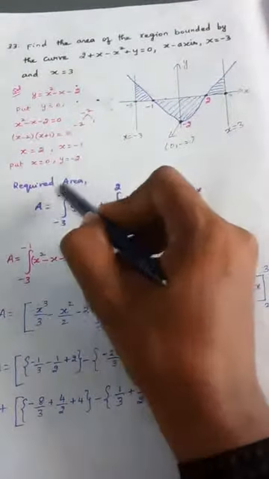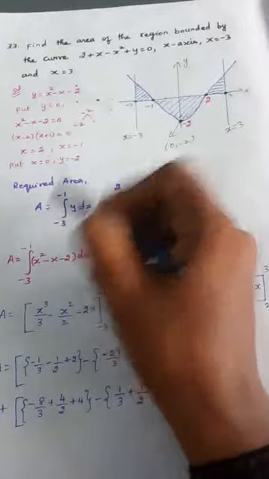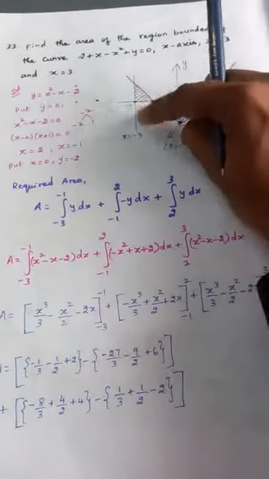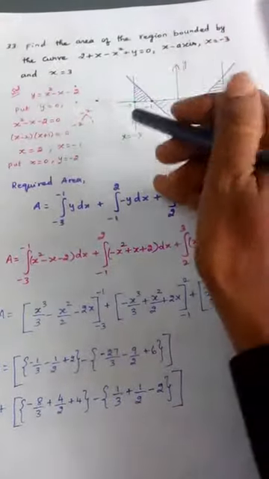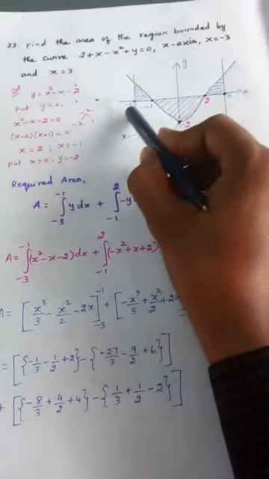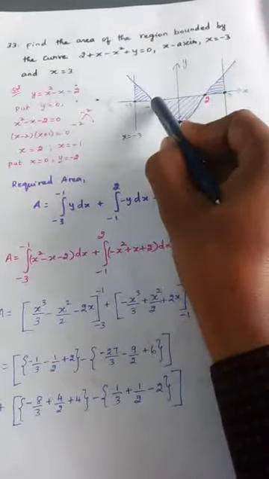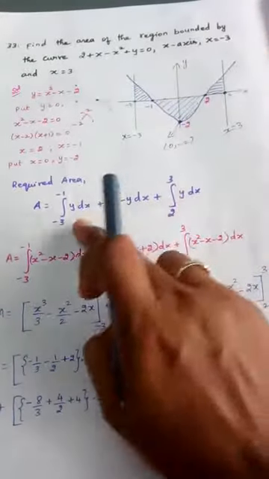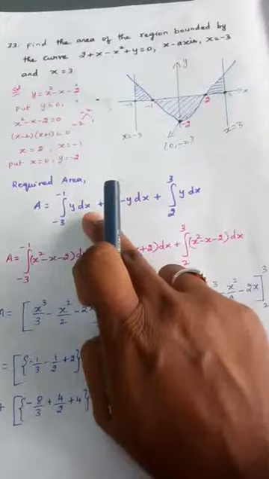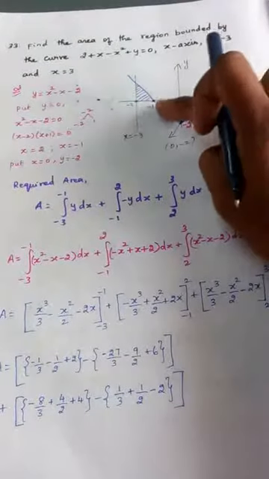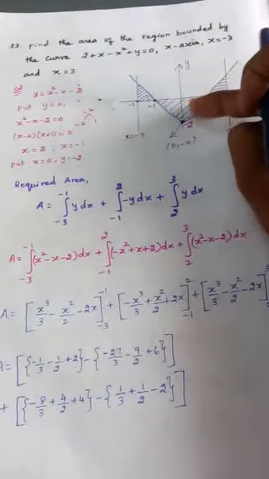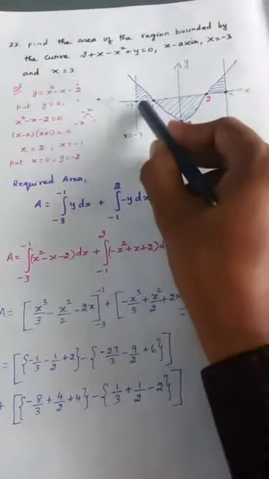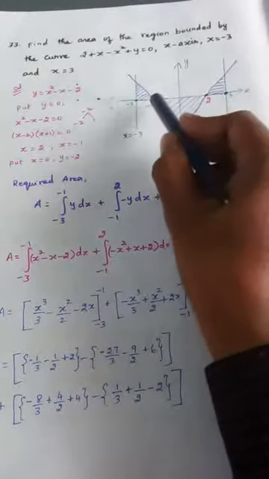So the required area A is equal to, first I am going to find this. This lies above the x-axis, right? The limit is -3 to -1. Since it lies above, the formula is ∫ y dx. Then this lies below the x-axis, and the limit is -1 to 2.